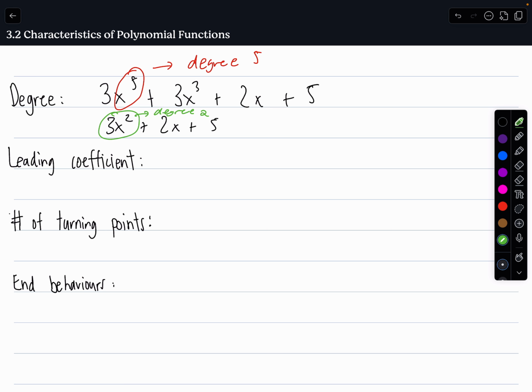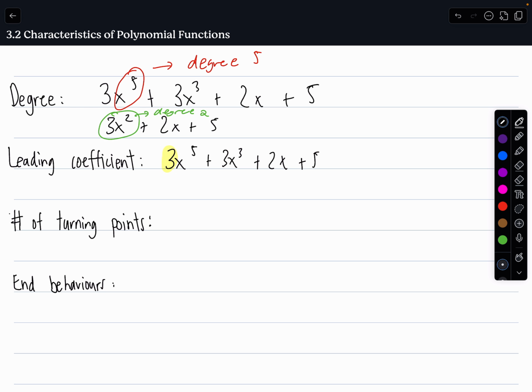Okay? The next thing we have to know is what is the leading coefficient. The leading coefficient basically means, based off the degree, so the highest degree, what is the coefficient of that degree? Looking back at our previous example, 3x^5 plus 3x cubed plus 2x plus 5, we know that the degree is 5 because it's a fifth degree, but the leading coefficient would be 3.